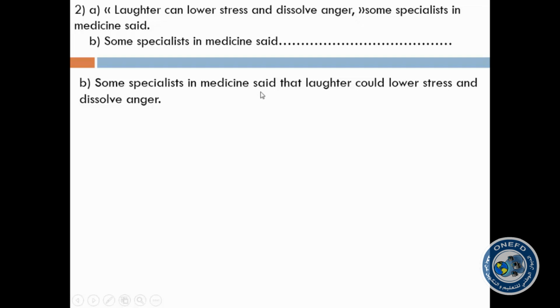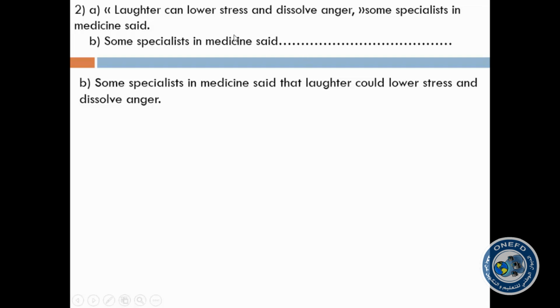As you can see, our introductory verb said is in the simple past, and the tense of our sentence in the direct speech is the present: can plus stem.